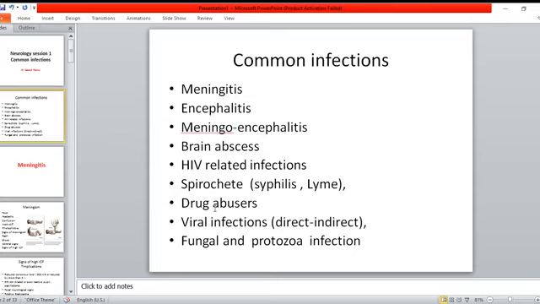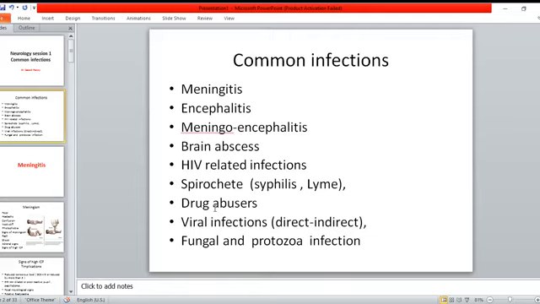Okay, brain abscess usually will have in the scenario a patient coming with focal neurological signs, usually a focal neurological deficit, like weakness, like sensory or motor deficit. Usually you will have a history of convulsions, so the patient may present with seizures, and also a depressed conscious level, and of course you will have a high fever.